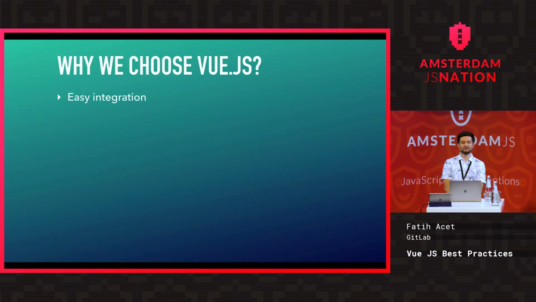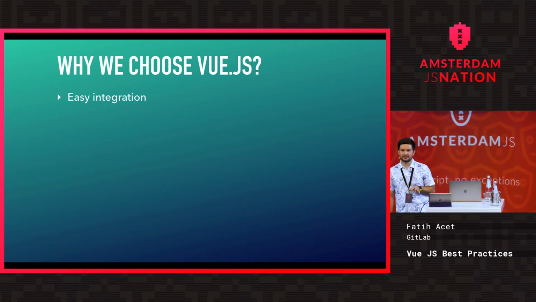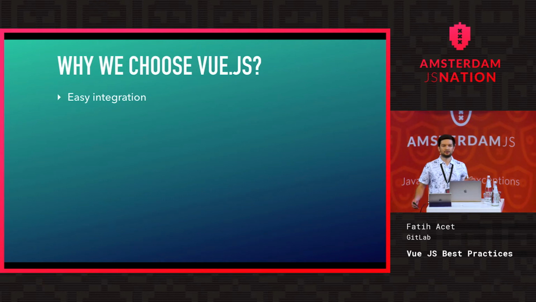So let's talk about why we chose Vue JS. Again, it was really easy to integrate. It was really easy to add. Because at that time, by the way, we have been using Vue in production for more than 2 years, and at that time, we didn't have quality or the latest front-end tooling.